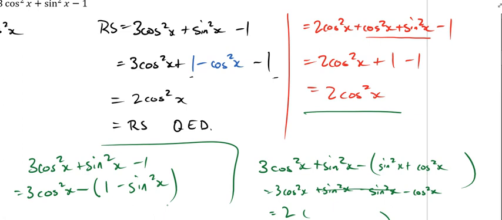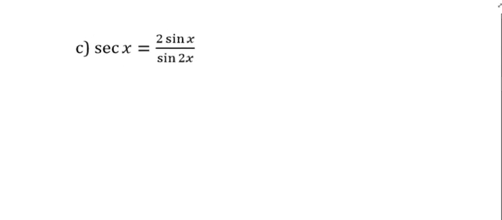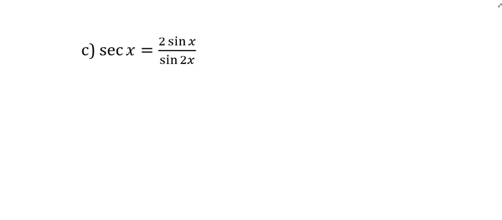I would show that step just to be sure that whoever's looking at it knows that's what I did. That's an awesome little idea too. Switching negatives from one term to another by factoring. That can be a useful technique. Okay, again, I want you to give this one a shot.